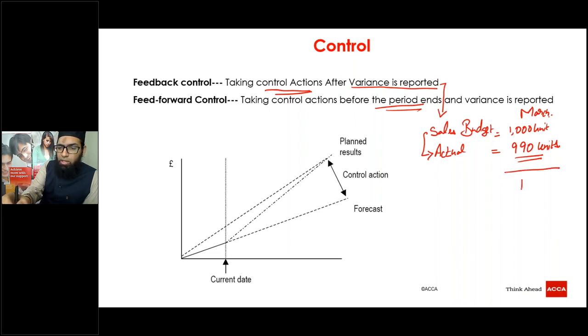And at the end of March, I will find that I have sold 10 units less. So I will take control actions on that. But you see that this budget period is of March and March has already ended. So any control action that I now take is the feedback control.